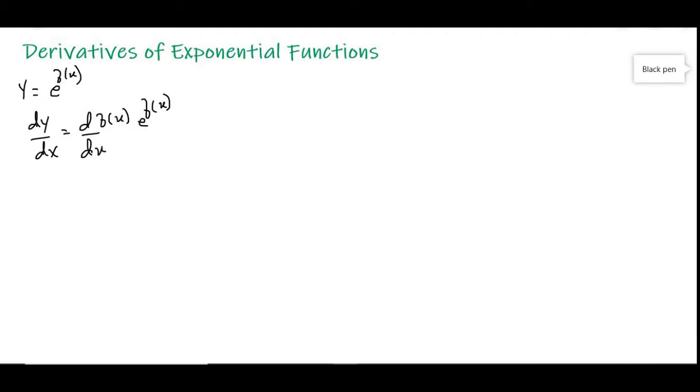So as an example, we take y is equal to e raised to power 2x cube. Now when we differentiate, it will be dy by dx is equal to d by dx of 2x cube, and the exponential function e raised to power 2x cube will remain as it is.